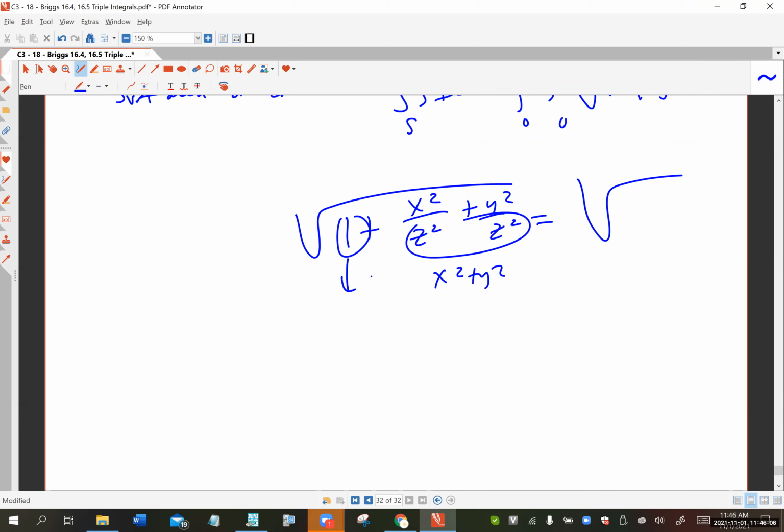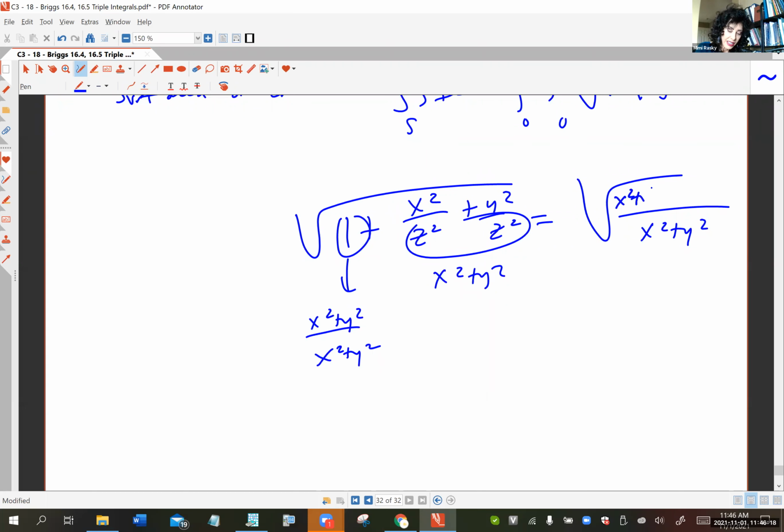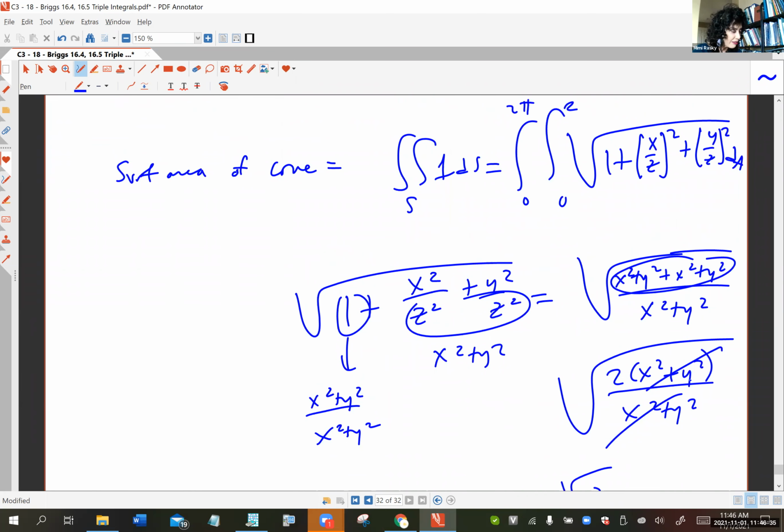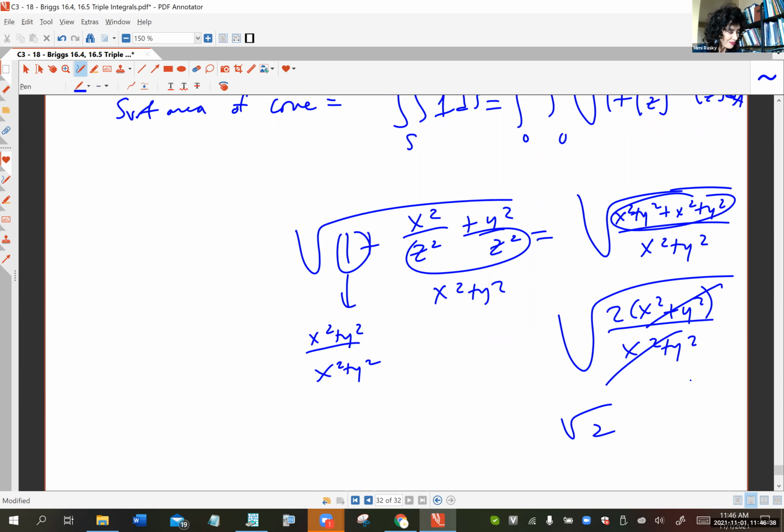After you clean up this radical, and then you add all the fractions together, because they all have the same denominator, then you'll notice that if you factor out a 2 after combining your like terms in the numerator, the x squared plus y squared cancels. Oh, man, after all that.